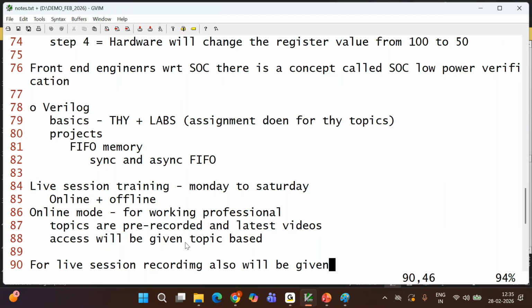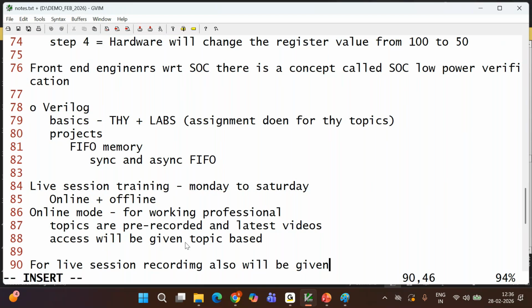You were absent on the day when I was teaching a Verilog topic, let's say data types. That data types chapter, which was recorded on that day, access will be given to everyone in the live session training for the next 10 days, so that you can go through it and prepare. Is it clear? Okay.